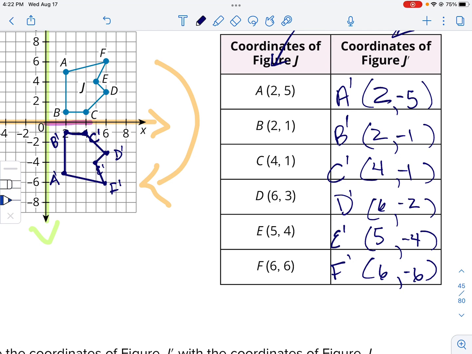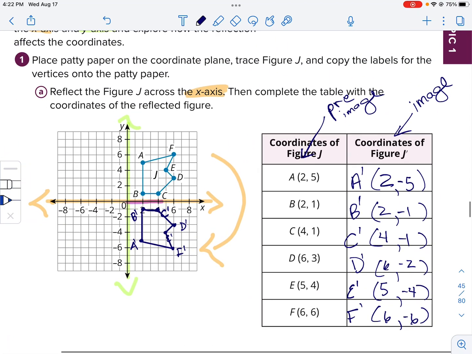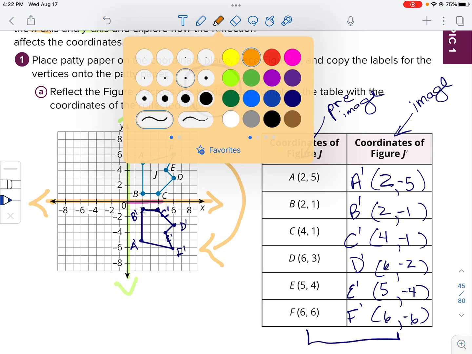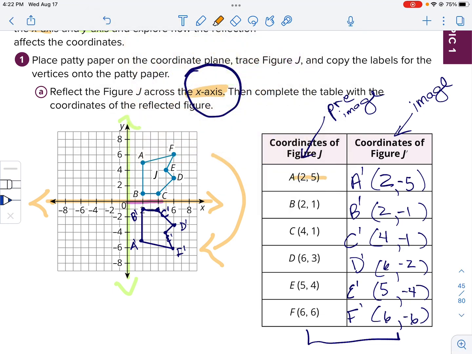Now, I want you to look at these. We went over the x-axis, and I want you to compare these coordinates. I had 2, 5, and I went to 2, -5.